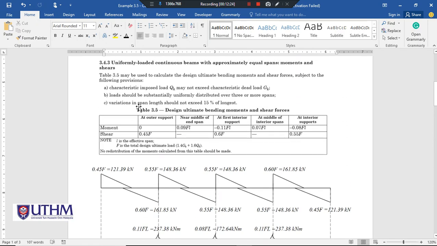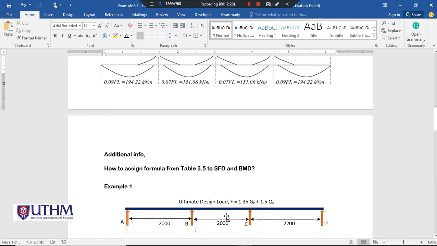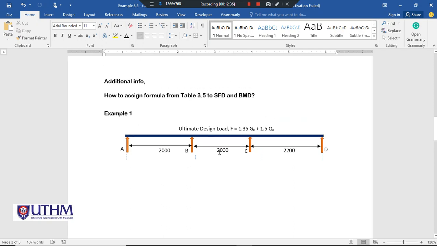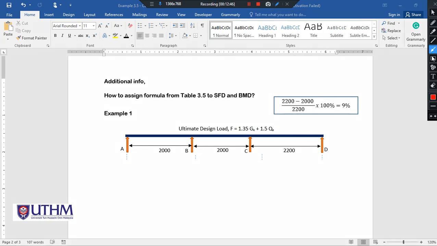Next, the variation in span length should not exceed 50% of the longest. Our longest span is 2.2 meters and the shortest span is 2 meters. So how to calculate this difference? I'll show you here. This is the equation: 2200 minus 2000, divided by 2000.